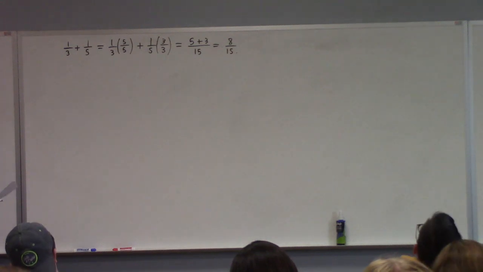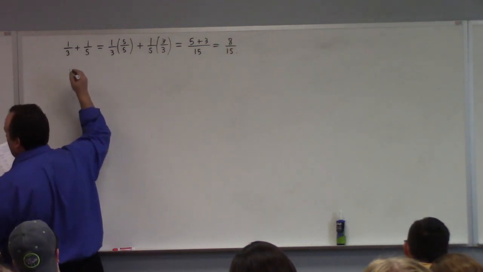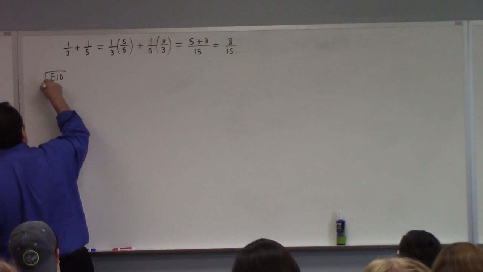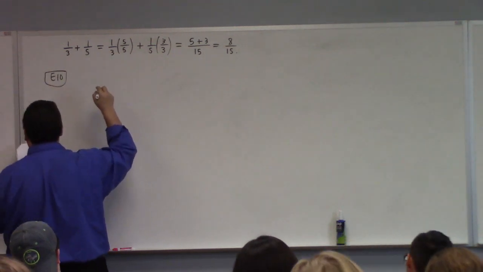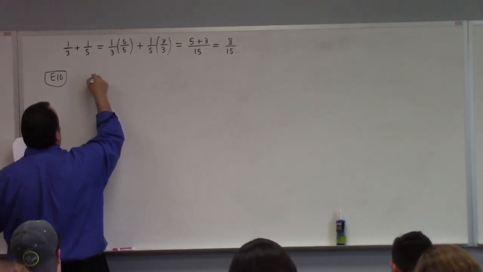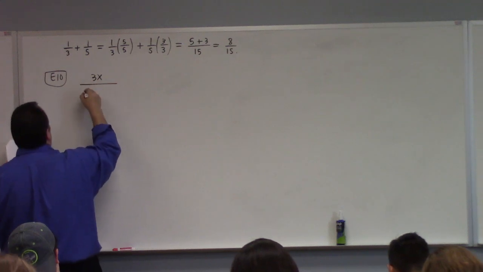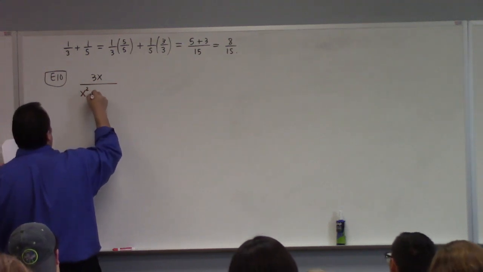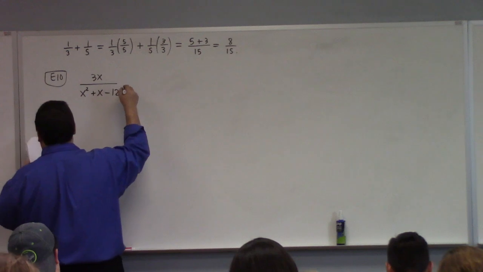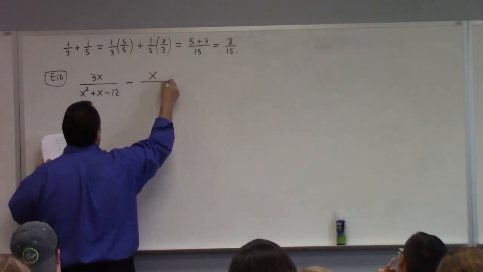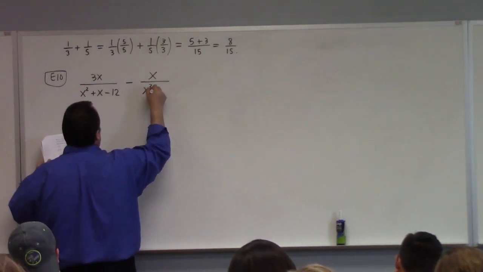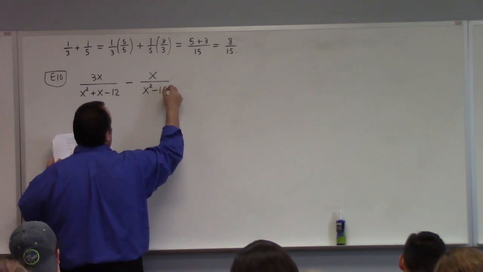Now, for instance, example 10, I might be up against 3x over x squared plus x minus 12 minus x over x squared minus 16.